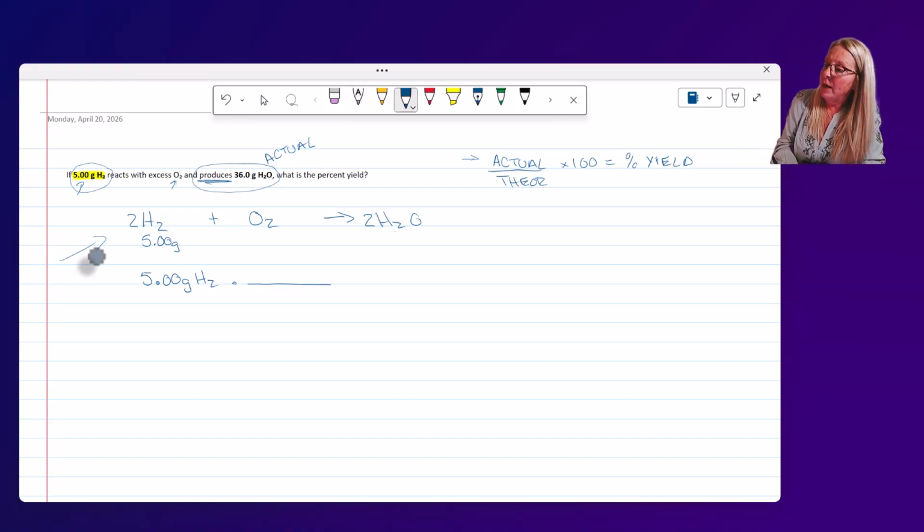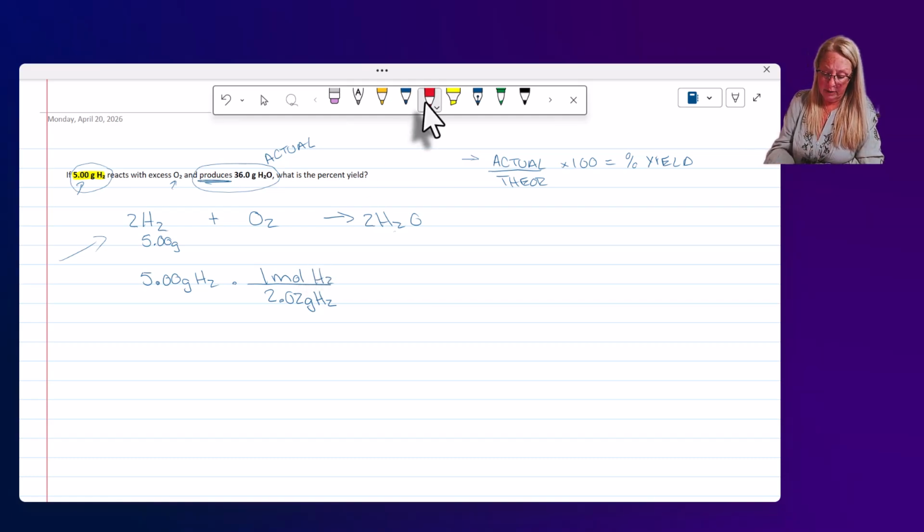So the molar mass of hydrogen is 2.02 grams of hydrogen per 1 mole of hydrogen. Cool. Check our units. I have grams hydrogen on the bottom, grams hydrogen on top. They cancel. Sounds beautiful. I have 1 mole of hydrogen now. Now I can use my stoichiometry.